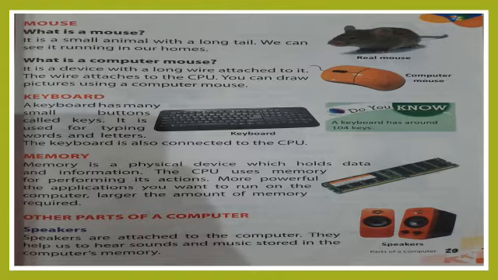Now, the last important part of the computer, that is memory. We can store many moments in our memory. Whenever we need to recall them, we just think and remember that from our memory. In the same way, computer also has a memory.